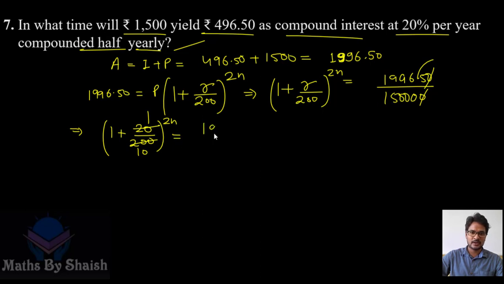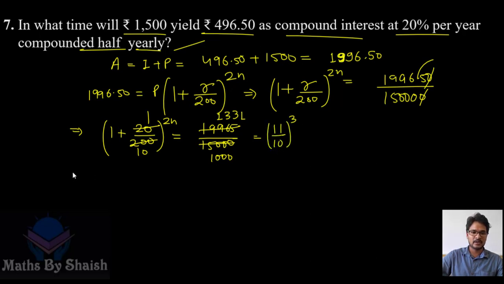Here it is 19965 upon 15,000. The denominator will give 10, so we will make this a power of 10. So we have to divide by 15. This will be 11 over 10 cubed.